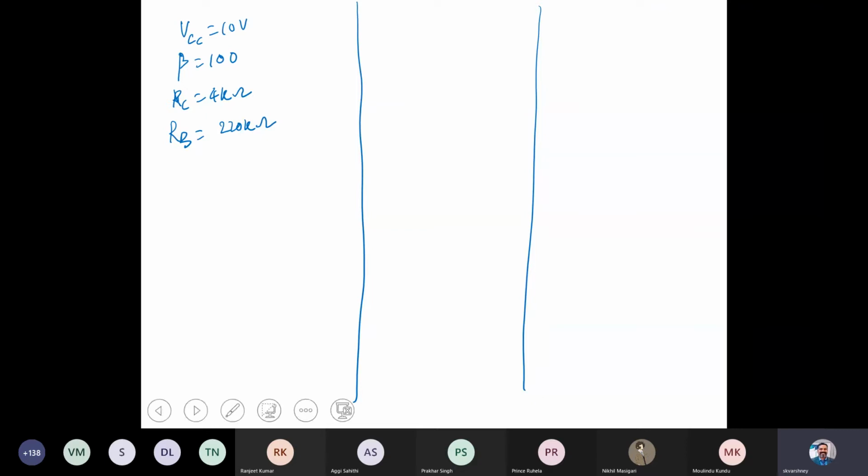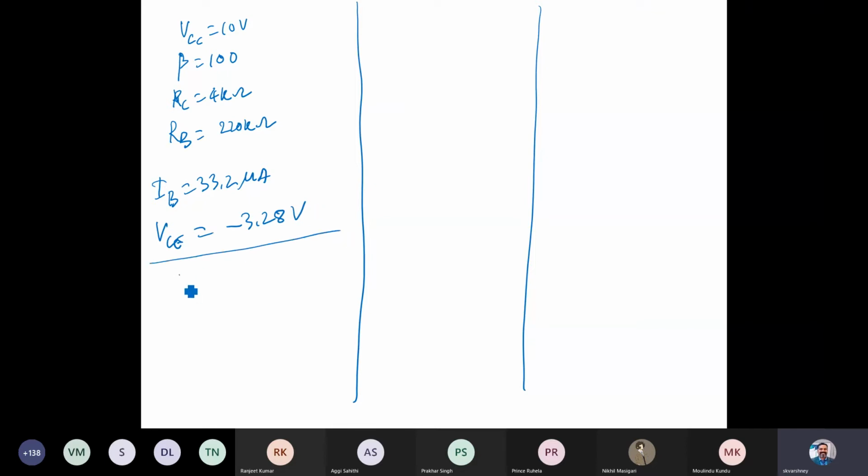So for this set of parameters you get IB is 33.2 microampere and VCE, which is the output voltage, minus 3.28 volt. So that means your VCE is now less than the VB on. So it means this BJT is in saturation mode.